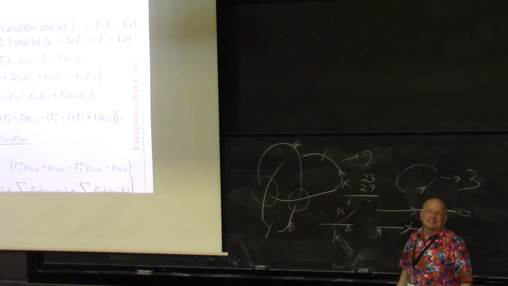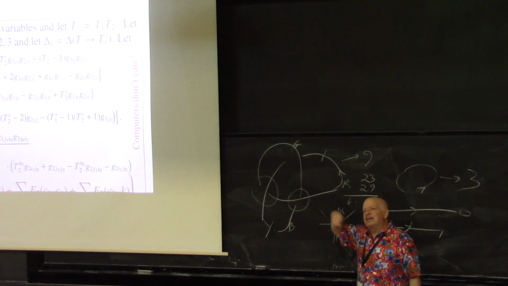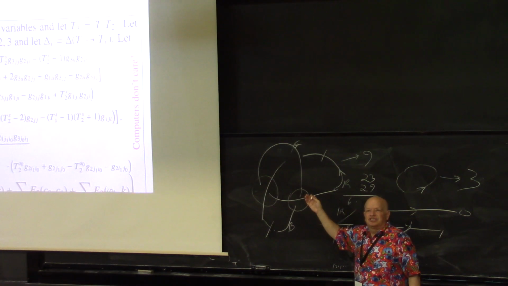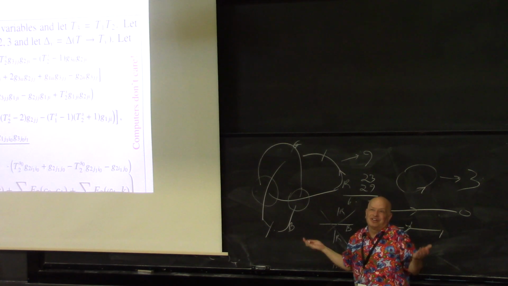And knot theory is kind of the same. It looks silly, but it ends up connecting to everything. So pick your favorite topic, it's connected, even if I don't know how.